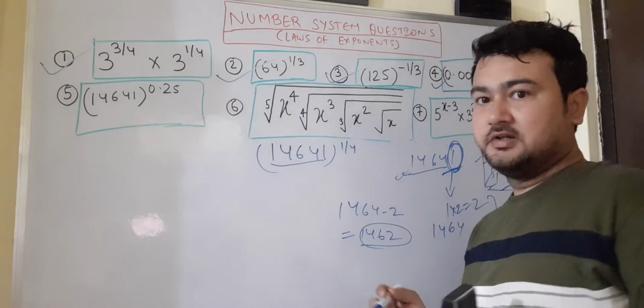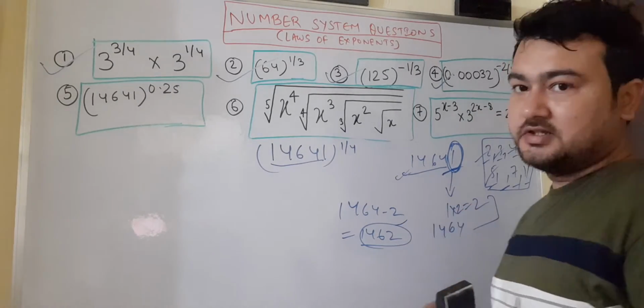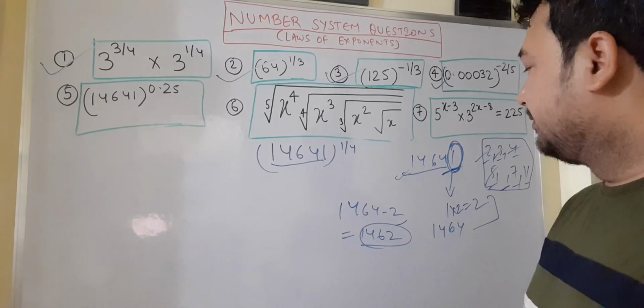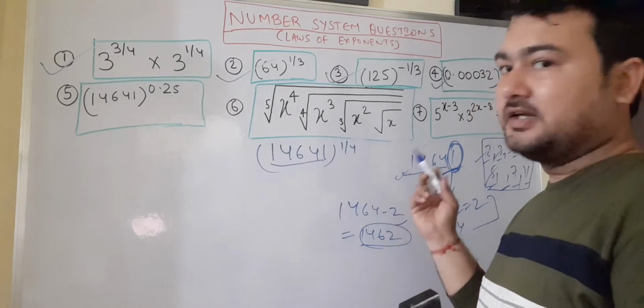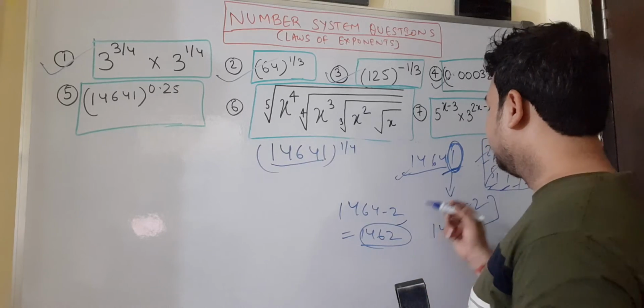Which two numbers? Twice the number at the ones place, and the remaining numbers. If the difference of those two is either 0 or divisible by 7, then that given number is divisible by 7. So that is the divisibility test for 7.